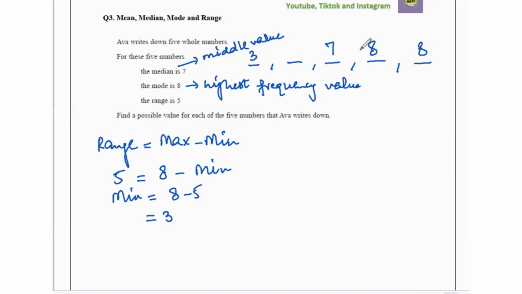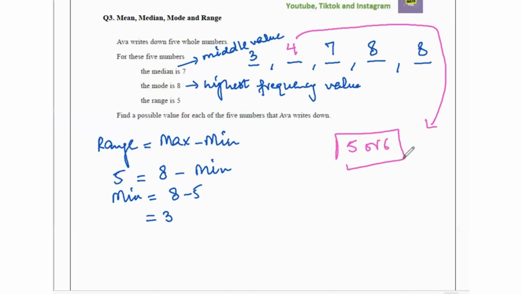So 3 is coming over here. So now the number between 3 and 7, that can be any number. Why? Because they haven't given us the mean value, which we could have used to figure out the exact value of this number. But we have the possibility of that number being a 4, a 5, or a 6. So over here, I'm going to write a 4, but you can also write 5 or 6.